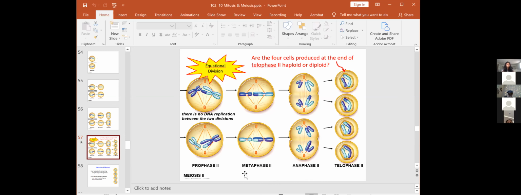Every somatic cell is genetically identical, at least unless there's a mutation. So every somatic cell is diploid with all 46 chromosomes, all 22 pairs of autosomes, and the pair of sex chromosomes.